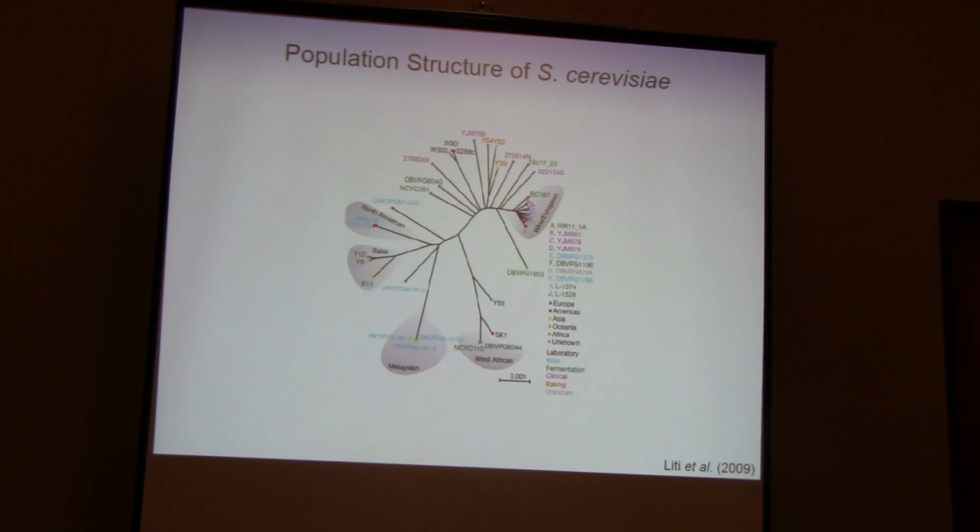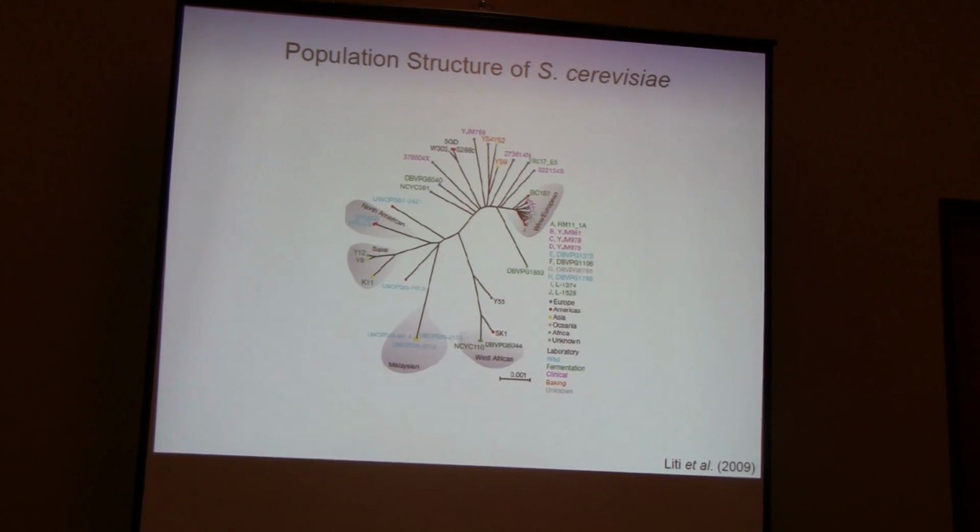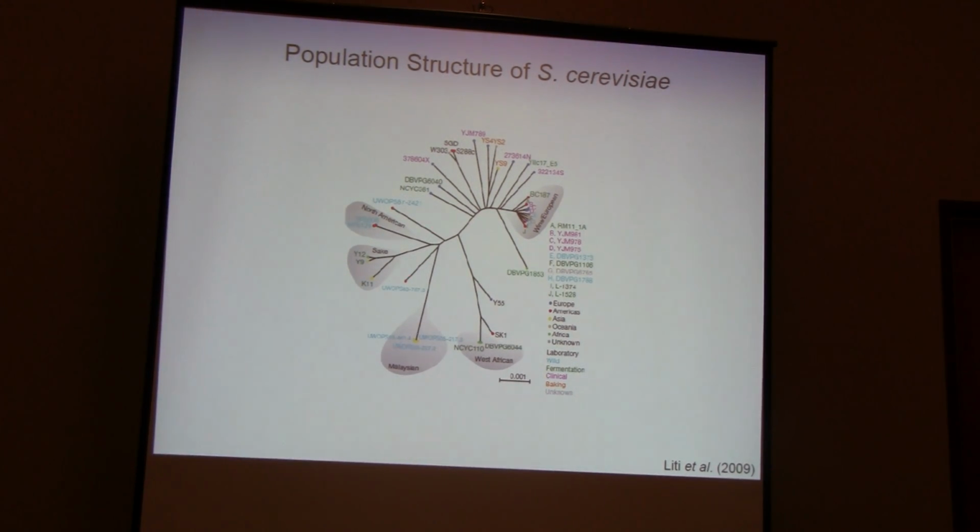So one of the first things to know about polymorphism in cerevisiae is that there's a very strong population structure. This is a tree generated from 37 yeast genomes that were sequenced at low coverage, and the gray shading highlights strains that all share a number of SNPs that are unique to those strains.